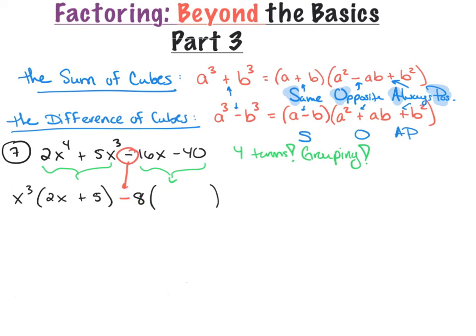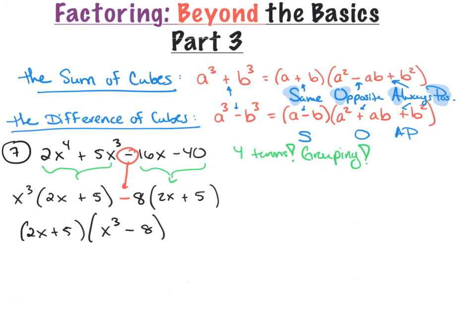So negative 8 into negative 16x is positive 2x, and negative 8 into negative 40 is positive 5. That's crucially important because now we have a match. 2x plus 5 and 2x plus 5 match. So we can factor out the 2x plus 5, leaving us with an x cubed and a minus 8.